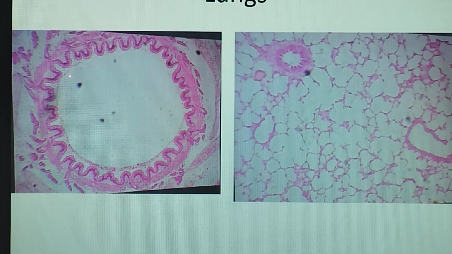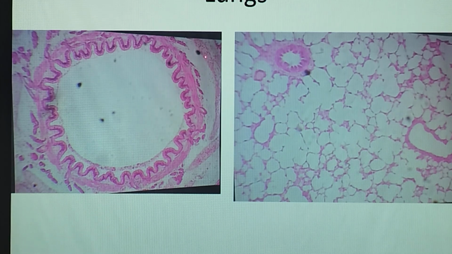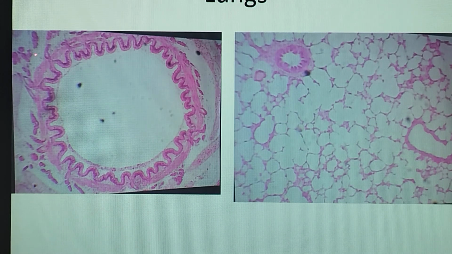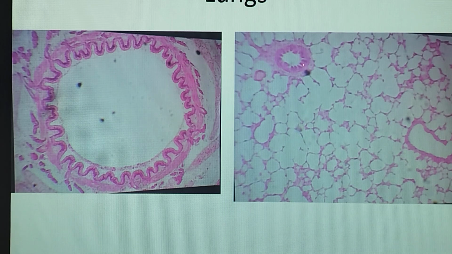So the lumen of the intrapulmonary bronchus is quite large, whereas in the bronchiole it is small, and the presence of hyaline cartilage tells us that this is actually the intrapulmonary bronchus. That is how you differentiate an intrapulmonary bronchus from a bronchiole. So this is a bronchiole and this is a bronchus.